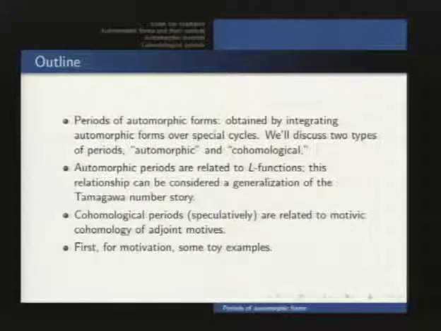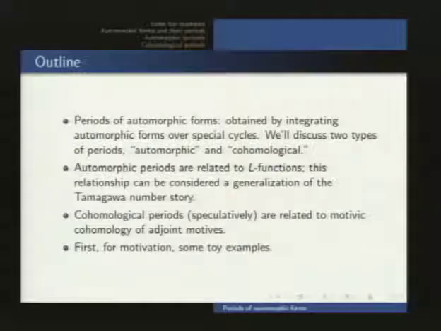Automorphic periods are what people, I think, usually refer to as periods of automorphic forms, and I'll tell the story of how these are related to L functions. One way you can think of this is as a generalization of the Chowla-Selberg formula story, which was told by Jacob and Dennis. I'll use that at least as a metaphor a couple of times to understand what's going on with these periods.